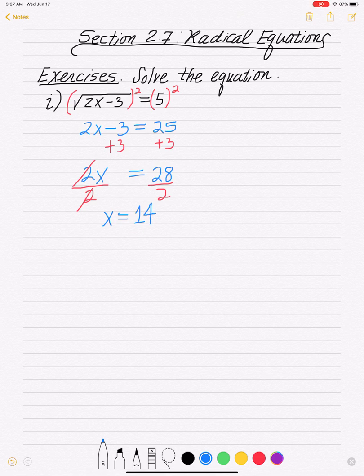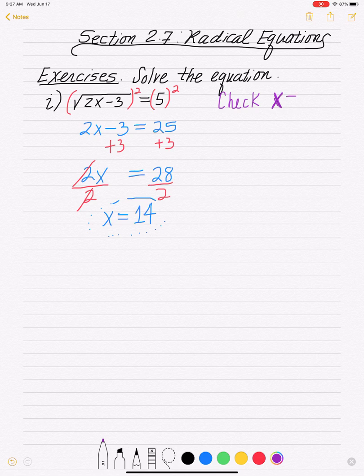Now at this stage, this is only a potential solution. What you actually want to do is go back and check every time, because many times your solutions will not check out with radical equations.